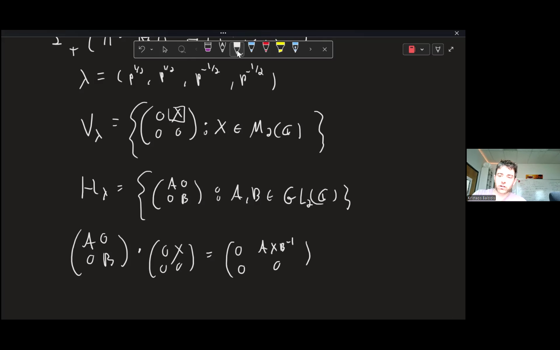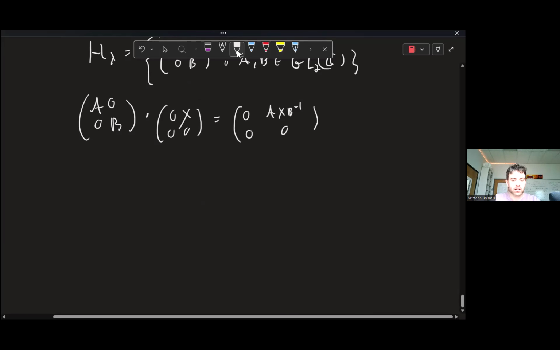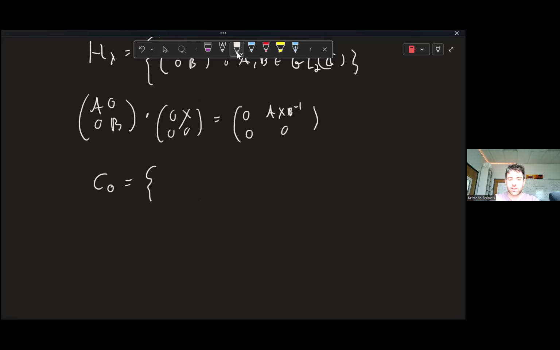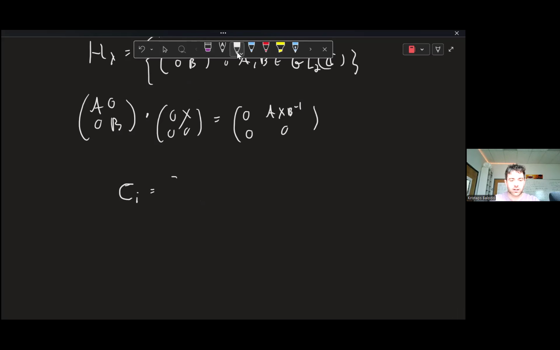And the end result is that I end up having 3 orbits stratified by, well, again, we're going to have the zero matrix all by itself. But the orbits in this case are classified by the rank of the matrix.